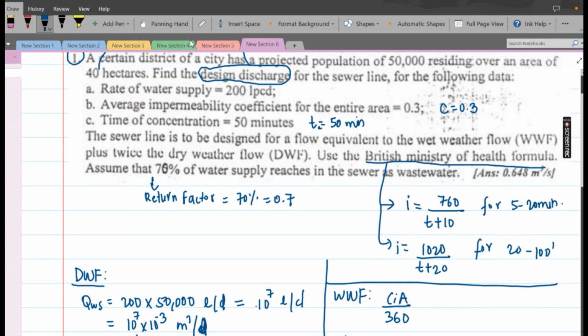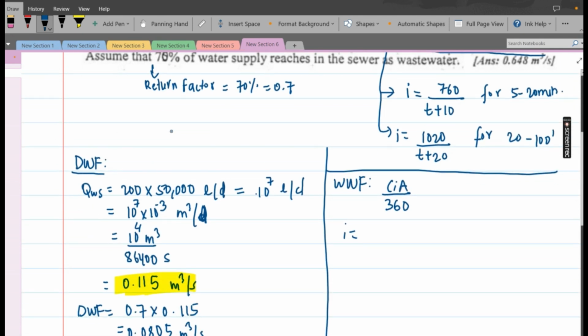Since the storm duration is assumed as 50 minutes, because we need to calculate the maximum discharge, and the discharge will be maximum when the time of concentration equals the duration of the storm, we take t equals 50 minutes.